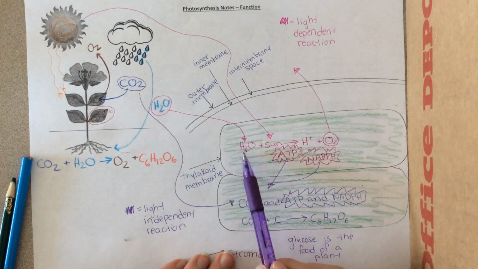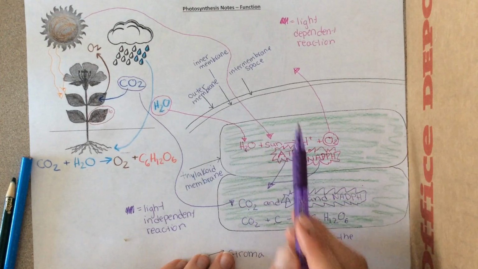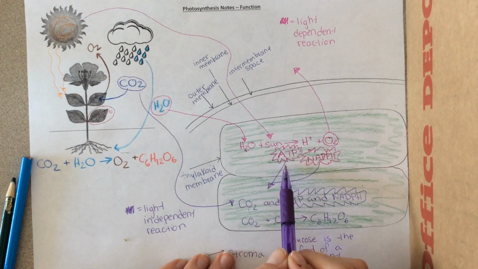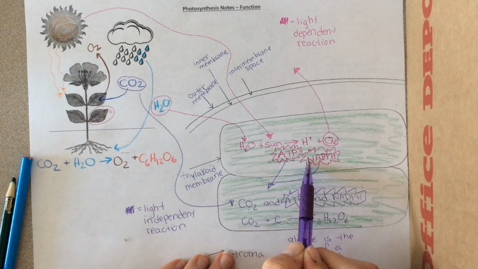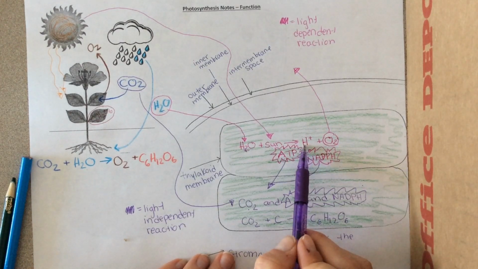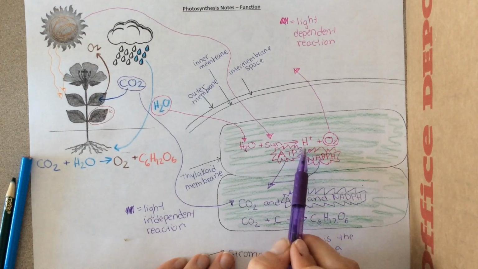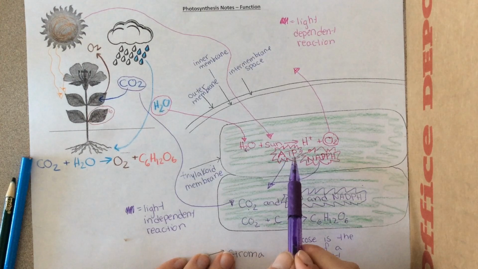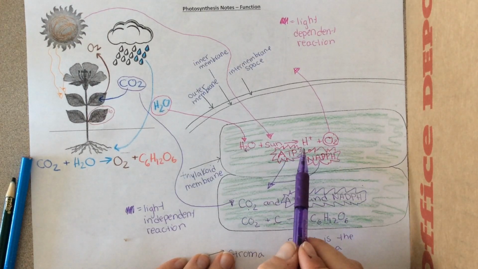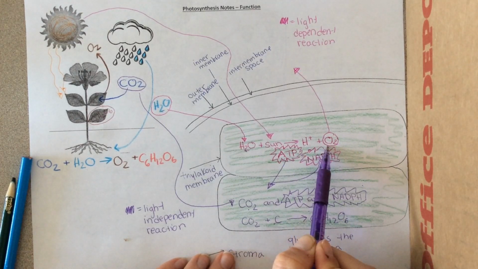When the bond holding water together is split, we get energy, and that energy is ATP and NADPH. We're going to use that later. We'll also use the hydrogen ions later as well, which we're not going to talk much about because that's a little more complicated than I want us to learn. Oxygen, though, is not needed, and so oxygen leaves the cell and goes back into the atmosphere.